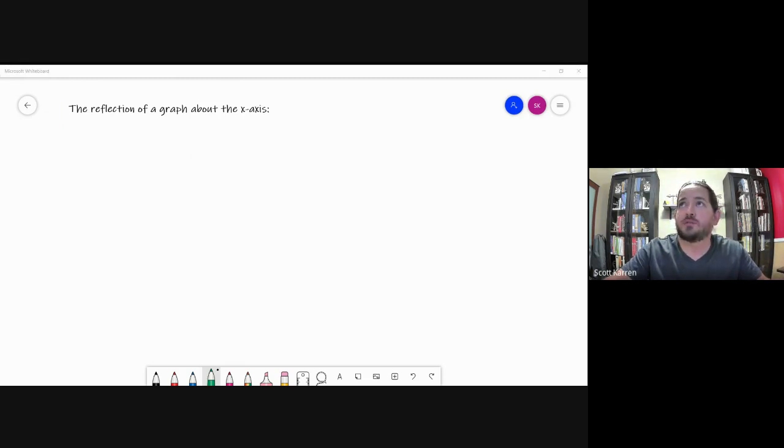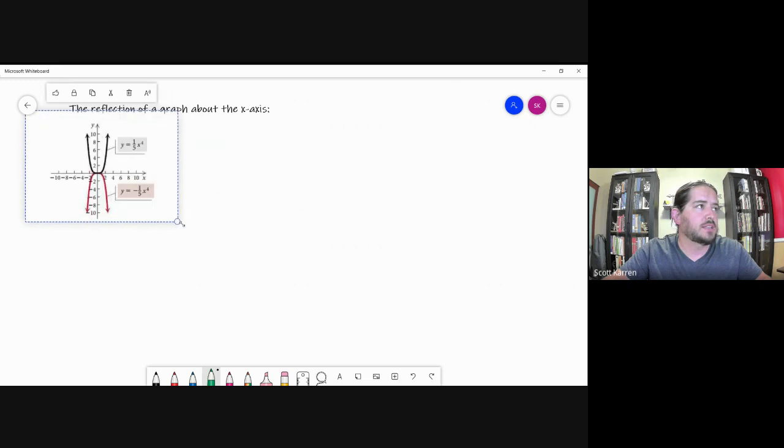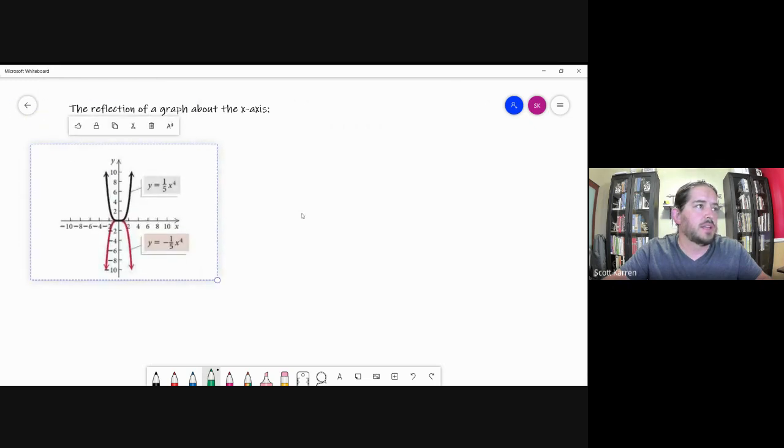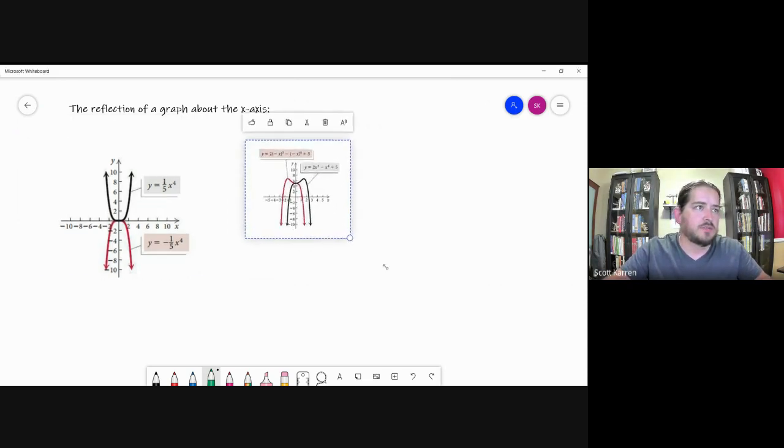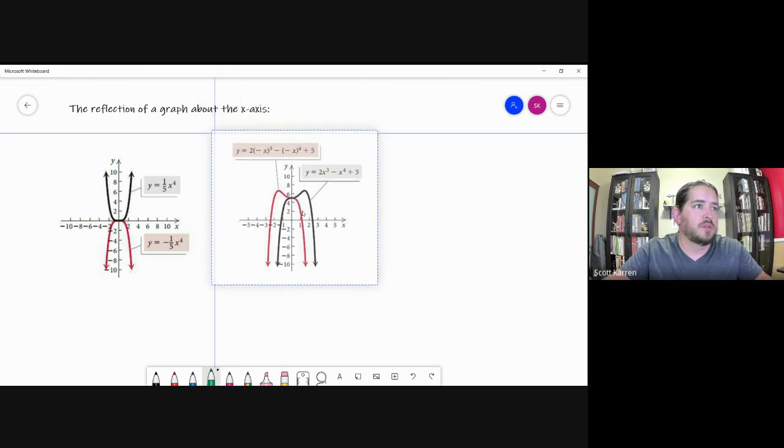So here's a picture of what that looks like. There's one. The black is the original function, and then the red is it being reflected about the x-axis. Here's another one. I'm just stealing these out of your book because they're right there.